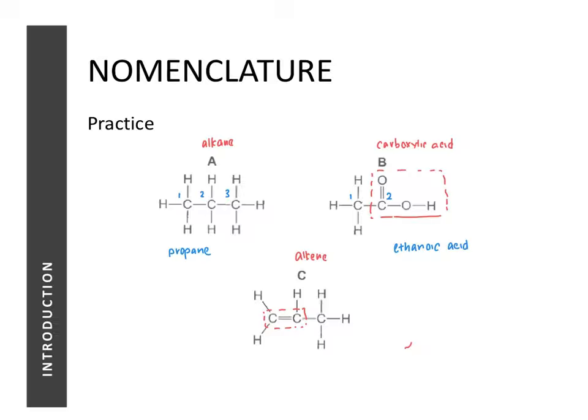Now you would be able to better appreciate why it is called ethanoic acid, which is also your vinegar. And lastly, we look at compound C. Compound C contains 3 carbon atoms. So again, it will start with prop, and since it is an alkene, the later part of the name will be ene. So the name for compound C will be propene.